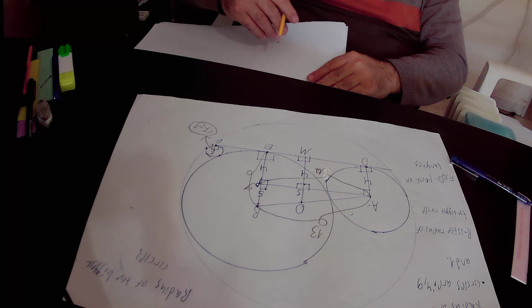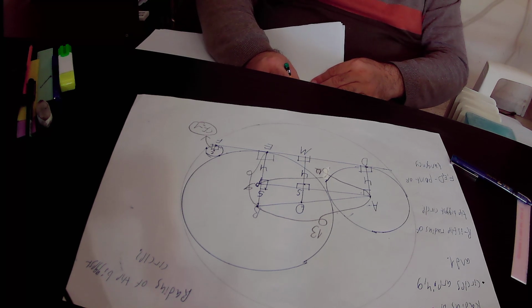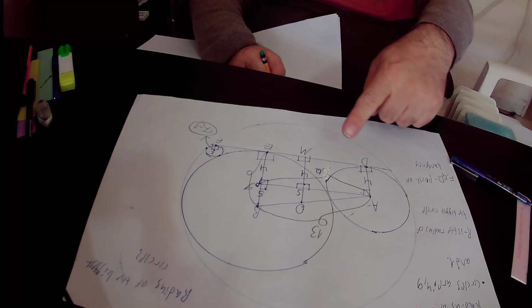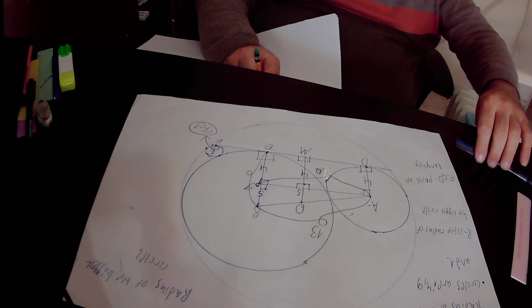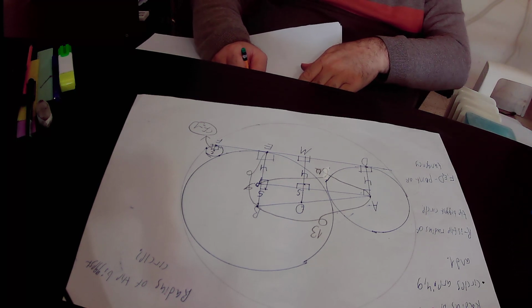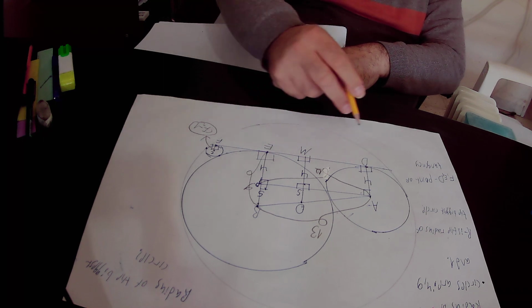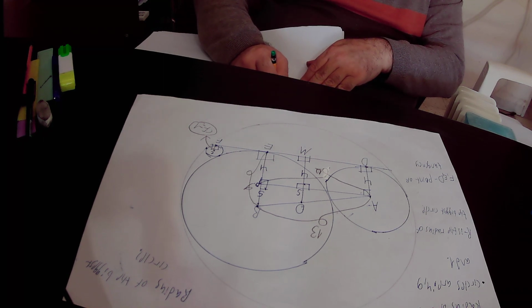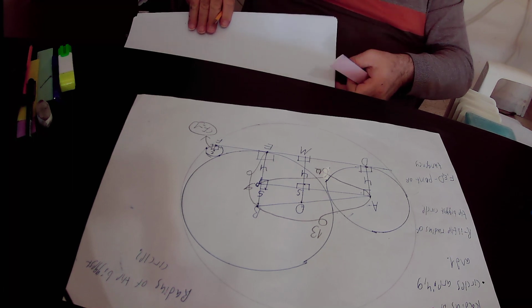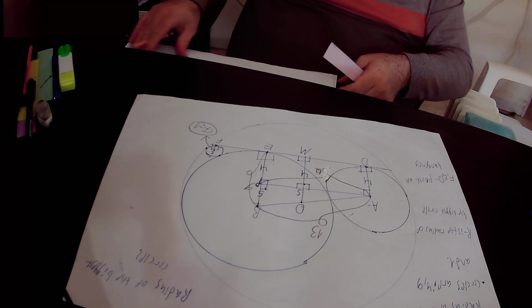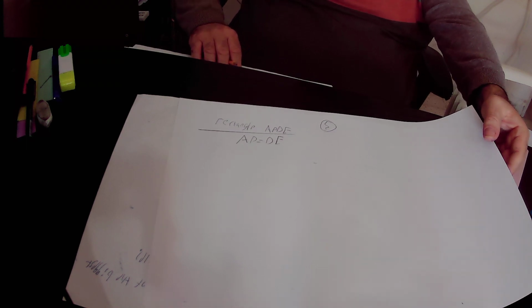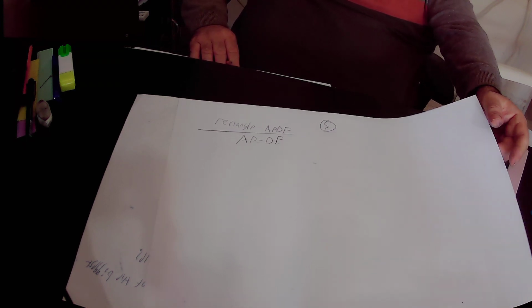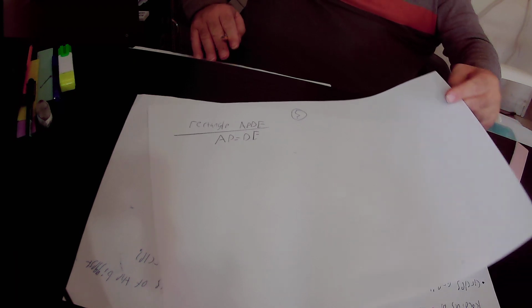So in rectangle APDE, we know that AP is equal to DE, according to the rule that the opposite sides of a rectangle are equal to each other.